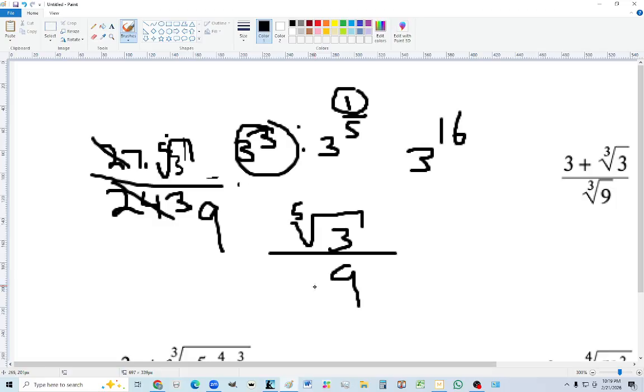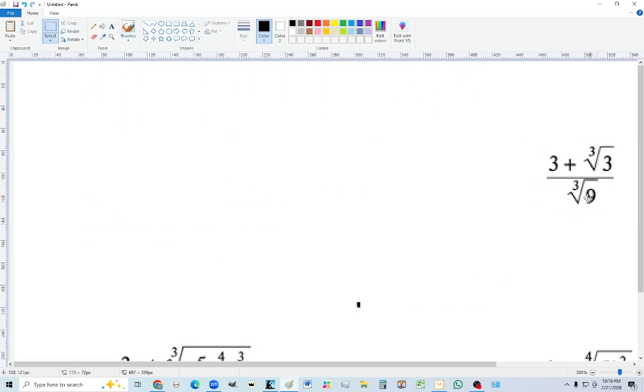Might even be able to be simplified with the 9 a bit, but that's okay. Yeah, we'll just leave it like that. That's some pretty tricky stuff.